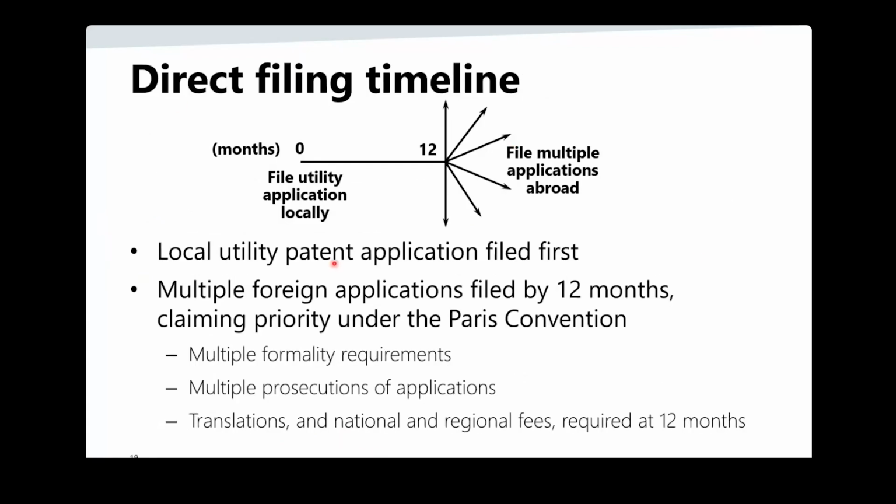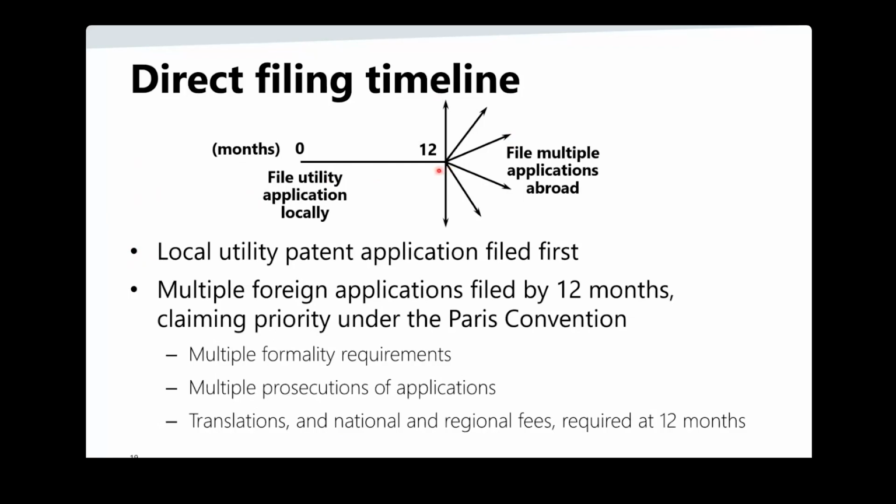This timeline on the top here illustrates how direct filing abroad works, using an application for a utility patent as an example. The filing of the first application in the home or local patent office starts that clock with the deadline of 12 months.